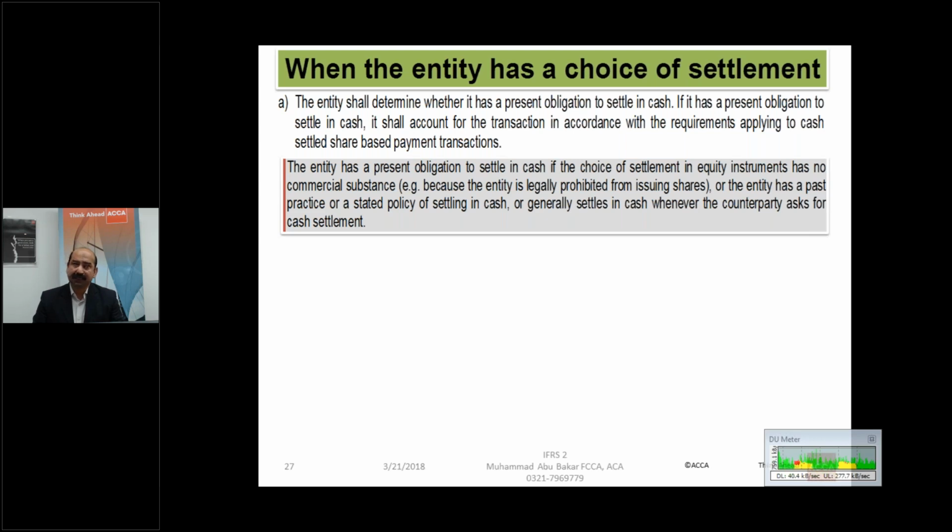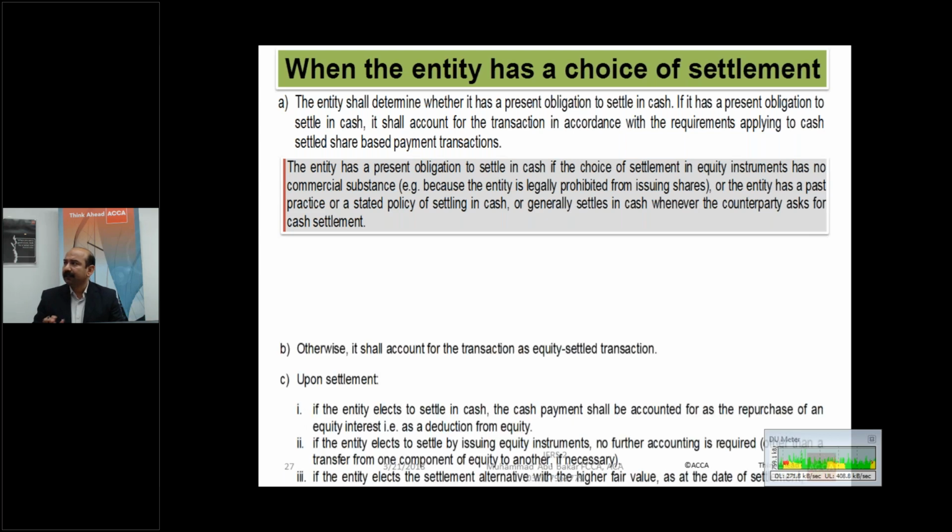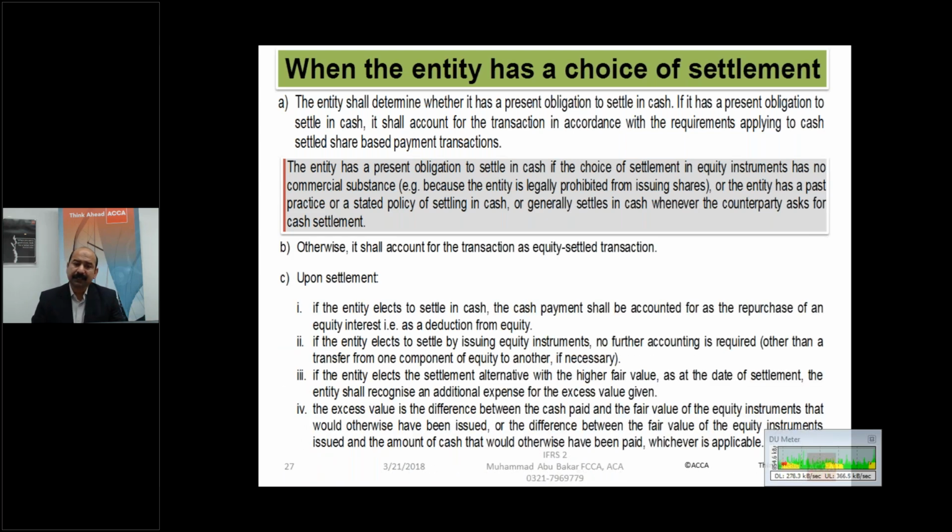So if any of these conditions are there, this will be treated as if the company has a present obligation. If none of these conditions are there, if a present obligation is not there, then this will be treated as an equity settled share-based payment.